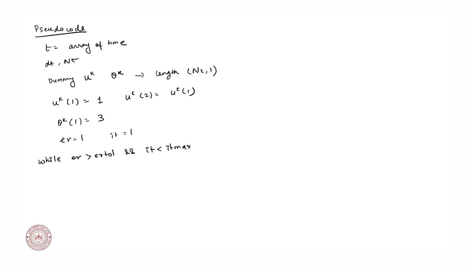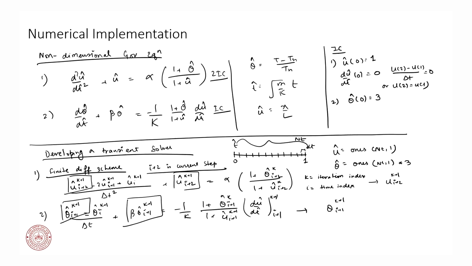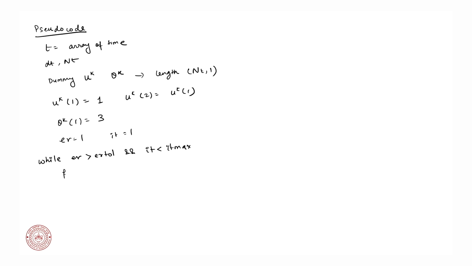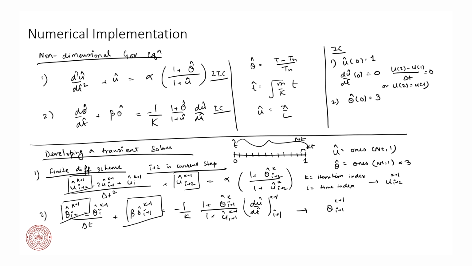All right. Now, once this is set up, the first thing we solve for is a time loop for the finite difference scheme for the first equation. So, we will go I equals 3 to nt, and then we will write this equation. Again, I have taken I plus 2 as the current time step. We can convert this to I as the current time step.